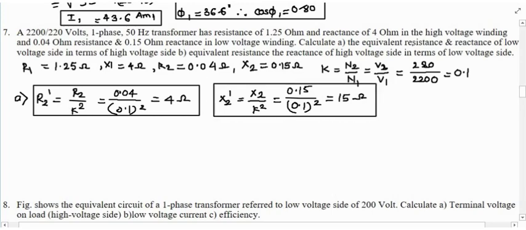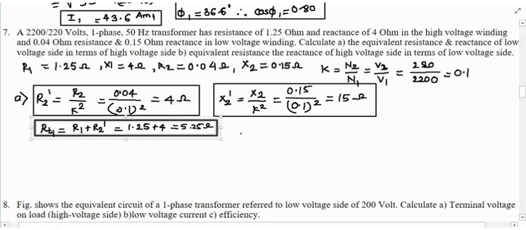Now you have to find out equivalent resistance and reactance in terms of high voltage side. What is my RT1, total resistance of the transformer referred to the primary side? It is nothing but R1 plus R2 dash, which equals 1.25 plus 4, which equals 5.25 ohm.